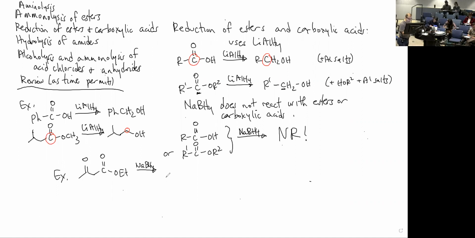And I expect that the product you would get would look like this. And in this case, this secondary alcohol carbon used to be the carbonyl carbon of the ketone. But again, it does not touch the ester. It only reduces the ketone or aldehyde.